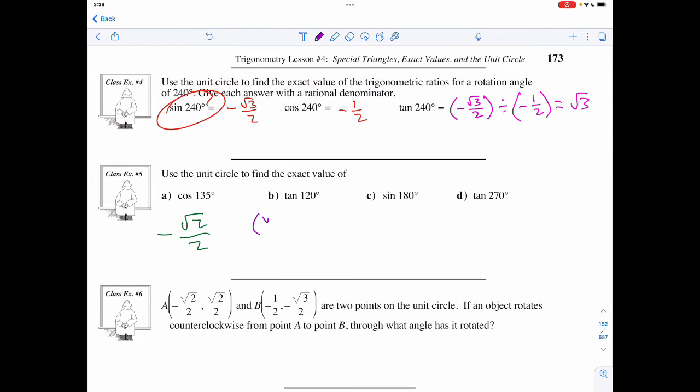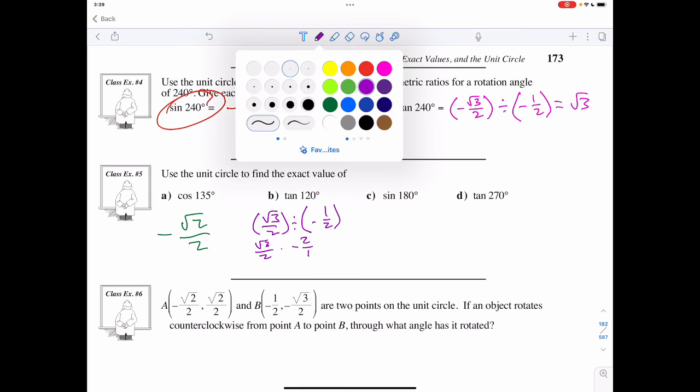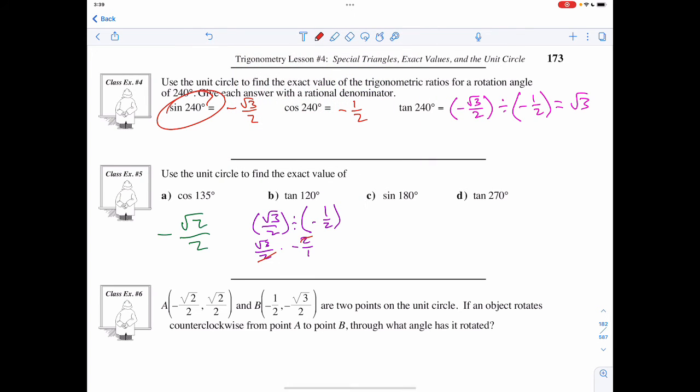It's going to be root 3 over 2 divided by negative 1 over 2, which is the same as root 3 over 2 times negative 2 over 1. The 2's will cancel out. And I'm going to be left with negative root 3 as my final answer.